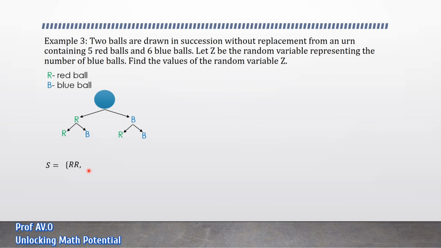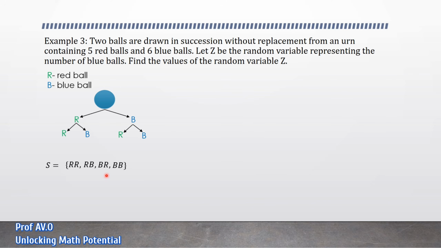Third outcome would be blue and red. And for the last outcome, we have both blue. Okay, so how many sample space that we have? We have 4 values or outcomes.